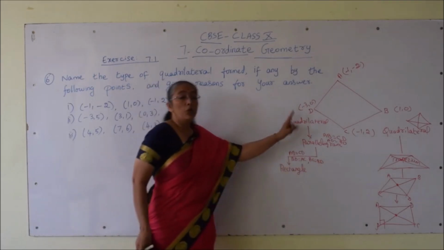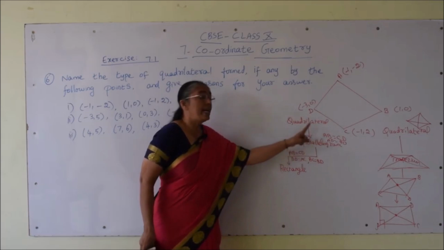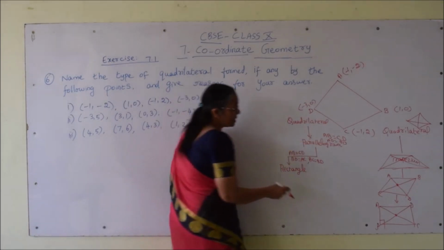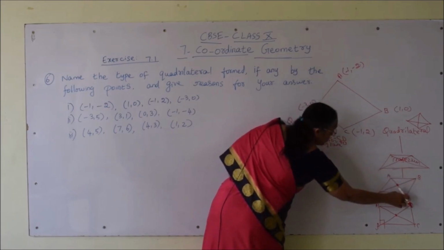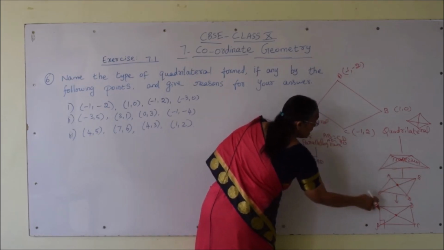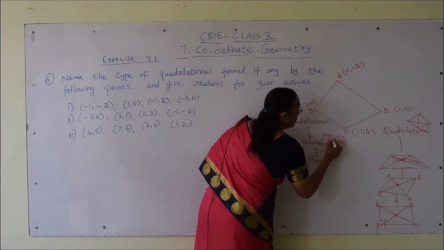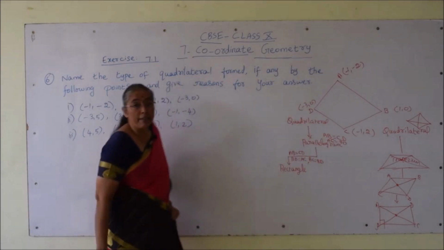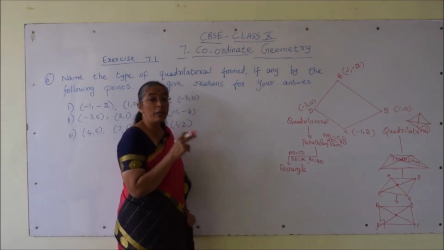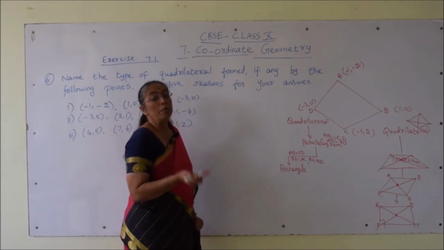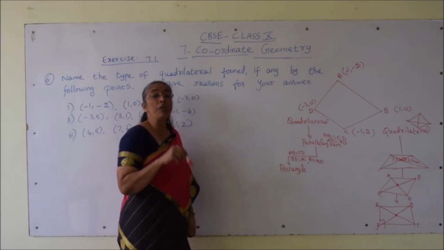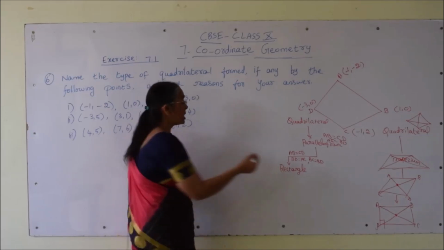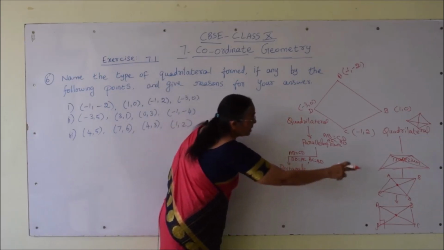If we prove AB is equal to CD and AD is equal to BC, we can say only that the given quadrilateral forms a parallelogram. But to prove it is forming a rectangle, we have to prove even their diagonals are equal, that is, AC is equal to BD.